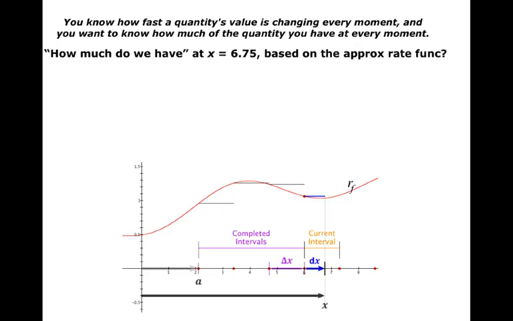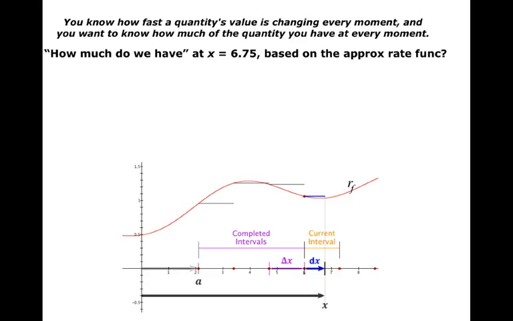So let's talk about how much we have at x equals 6.75. That's where I've paused life here, as x is increasing and the approximate rate function is being generated from the actual rate function. So we're going to pause it right here at 6.75 and ask how much do we have at x equals 6.75?